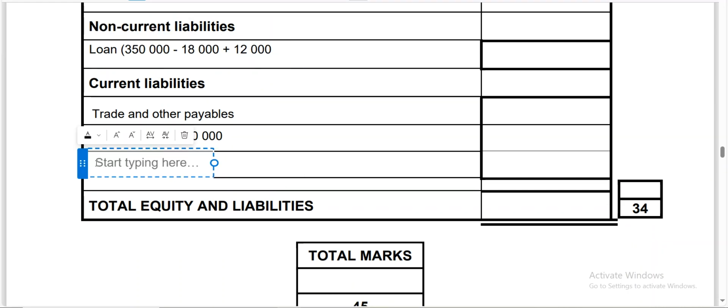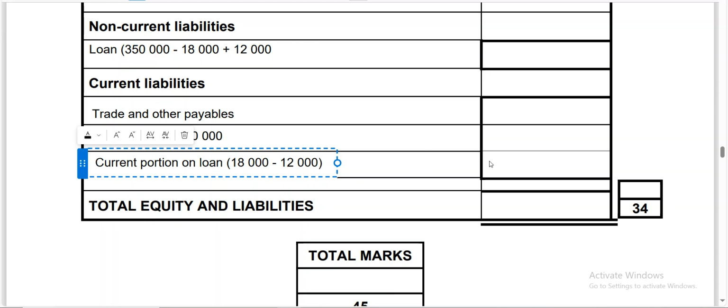Then from there we need to get the current portion on loan because it was not given. So we'll calculate it here as current portion on loan. Remember, current portion is the difference between the repayment and the interest. So we're going to say 18,000 minus 12,000, and it's going to give us 6,000.